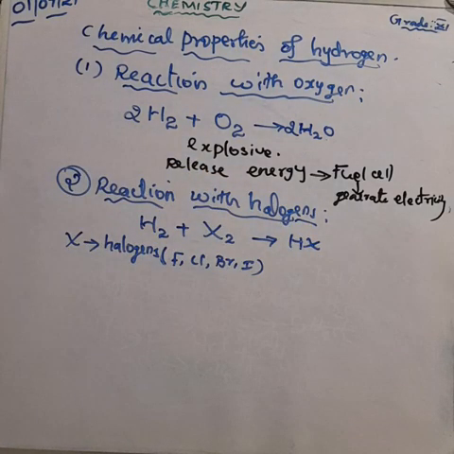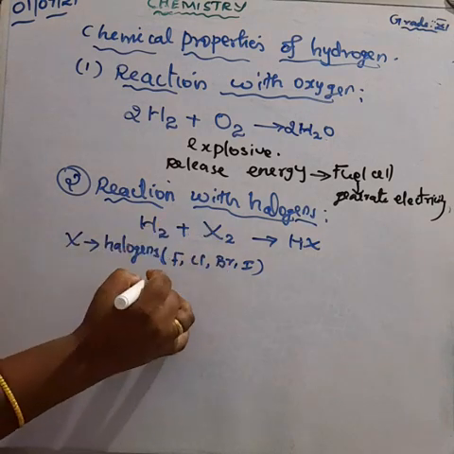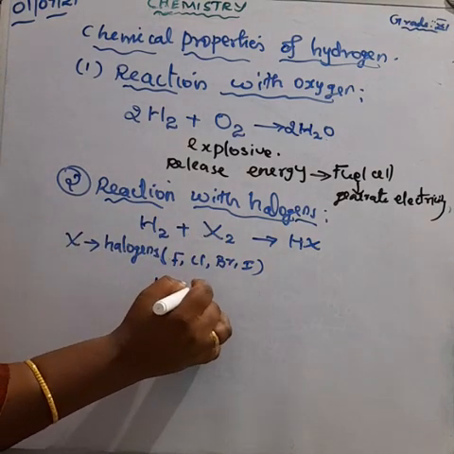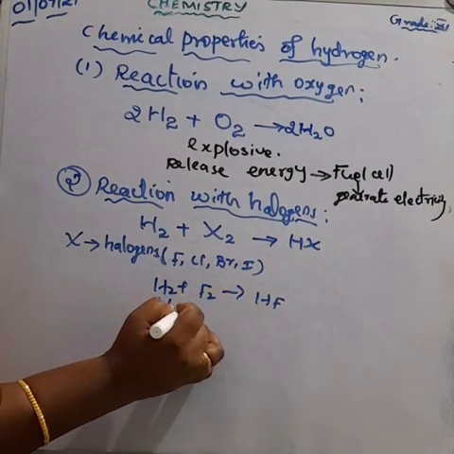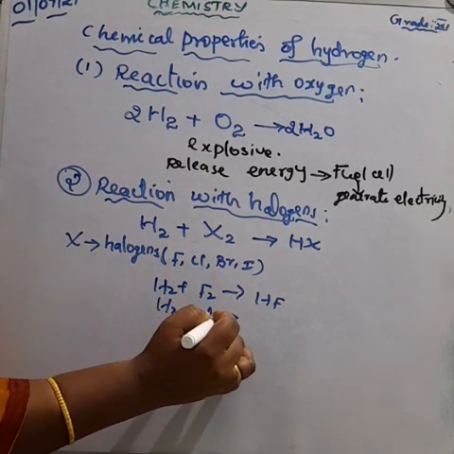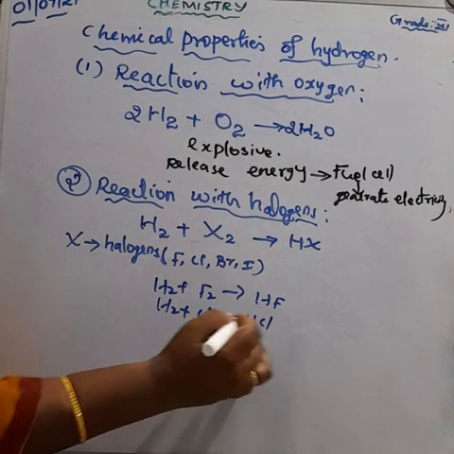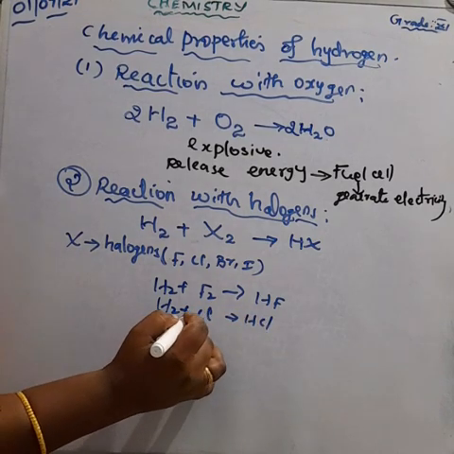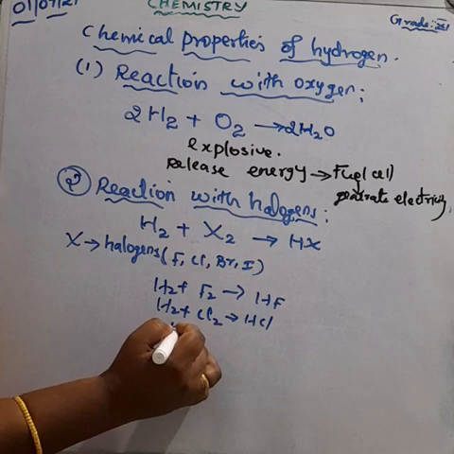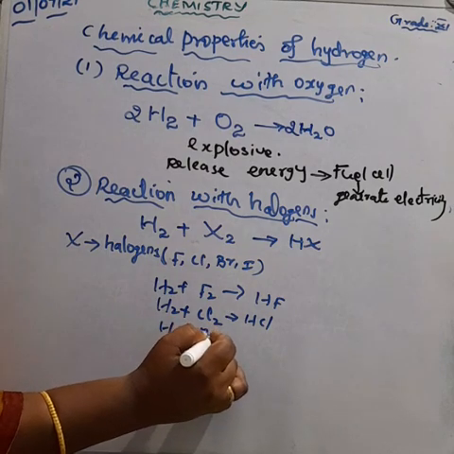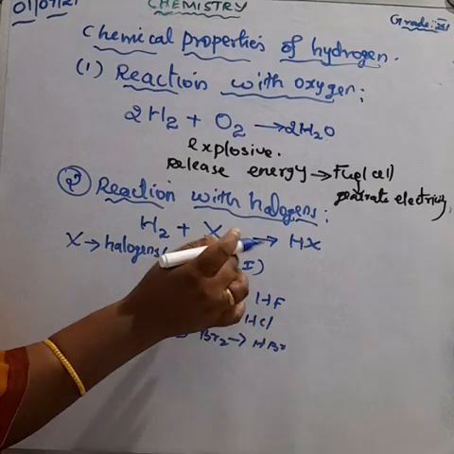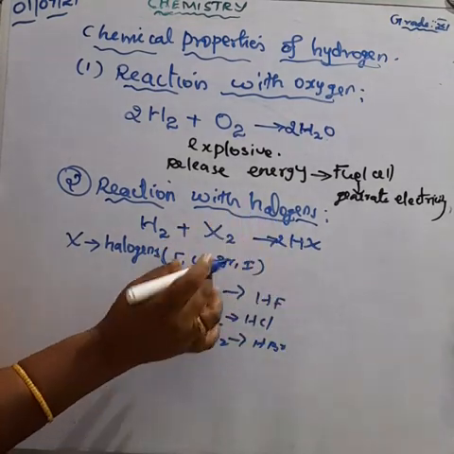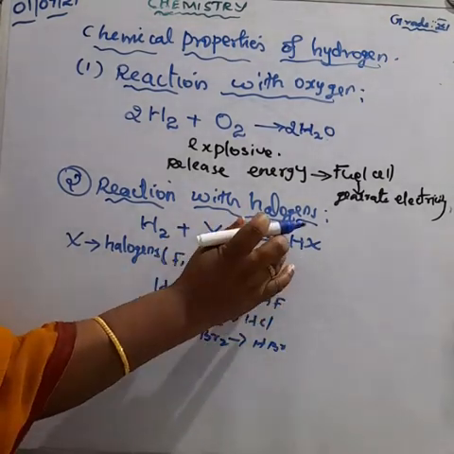For example, when hydrogen combines with fluorine, it forms hydrogen fluoride. When hydrogen combines with chlorine, it forms hydrogen chloride. When hydrogen combines with bromine, it forms hydrogen bromide. This is the reaction with halogen. Here we have to balance the equation.